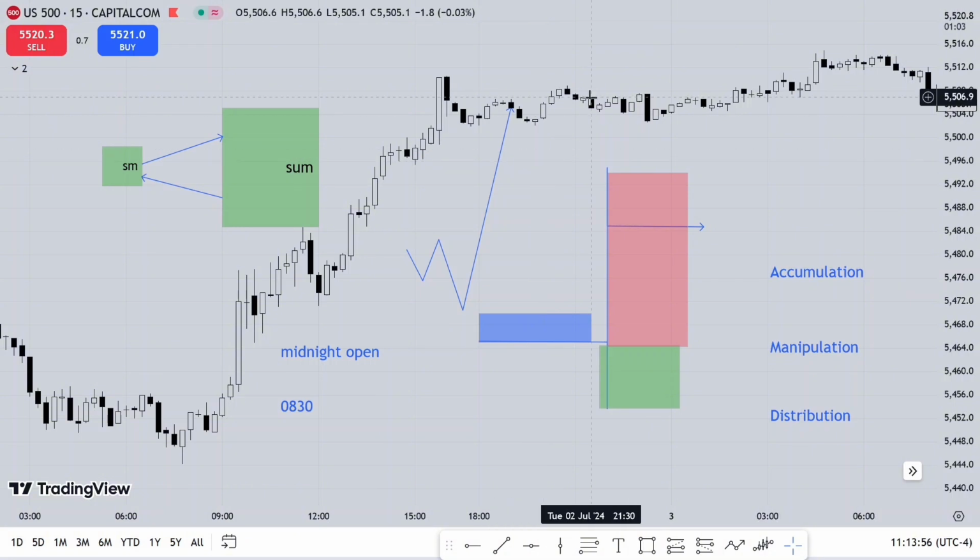So that is where they will exit their long position with resting buy interest. They will make retail traders, the uninformed money, this speculative uninformed money, take price higher to bring in buy interest by those traders.